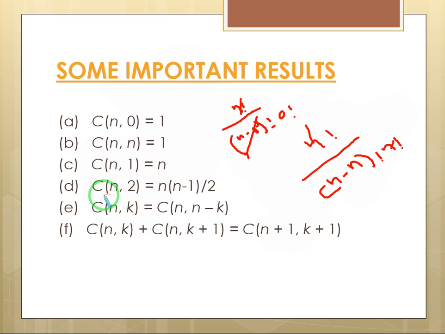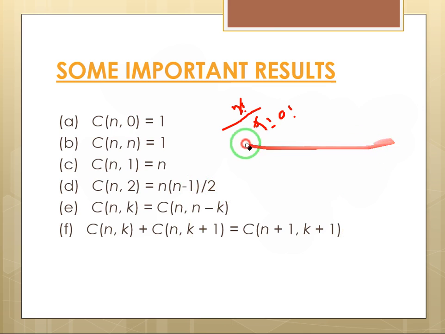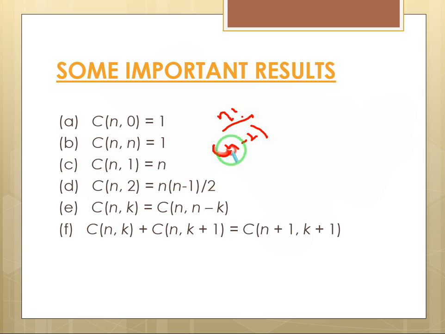Now C(n,2), which is equal to n(n minus 1) divided by 2 factorial. Okay, I will solve this as well for you. This is equal to n factorial divided by (n minus 2) factorial into 2 factorial.